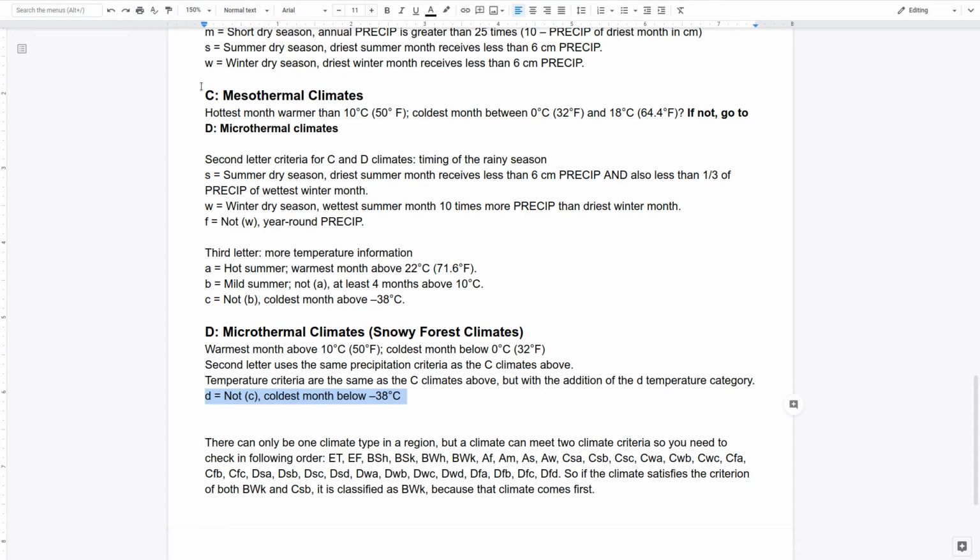So it is impossible for a C climate to be some sort of C-something-D. Only the D microthermal snowy forest climates can be a DFD or DWD. And to be a D climate, the coldest month is below -38. So if the coldest month is below -38, it's a D-something-D climate, not a something-C climate.